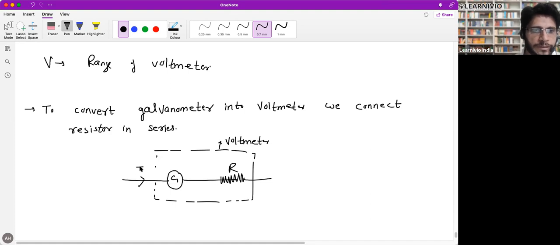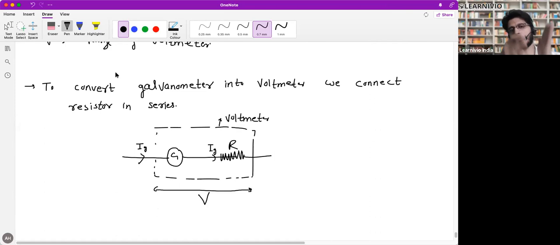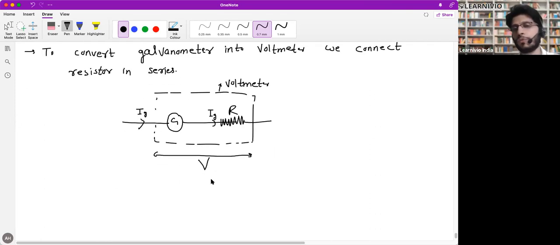So the current IG is passing through it. They are in series, so the same current will pass through both of them. This whole system can measure a voltage which is equal to V, the range of voltmeter. So galvanometer plus this resistance R can measure voltage equal to V.